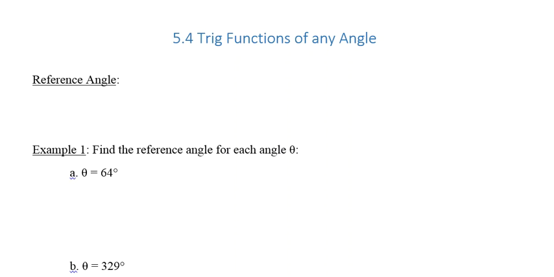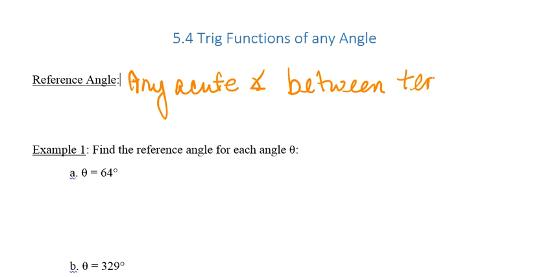We are moving into section 4 of chapter 5, trig functions of any angle. One of the terms that we need to know, or the main term in this section, is the term reference angle. A reference angle is any acute angle between the terminal side of theta and the x-axis.